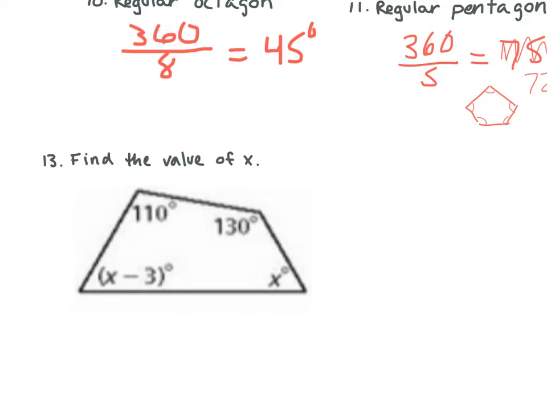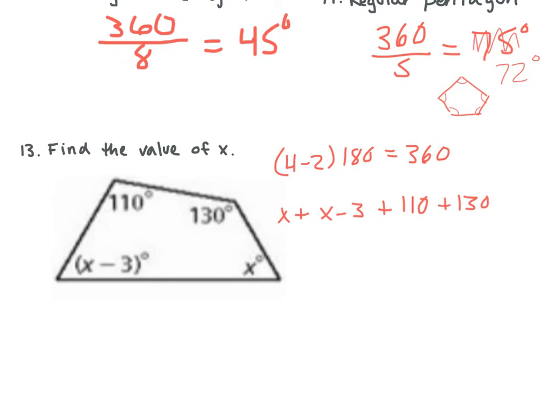How do we know that all the angles added together are 360? We do n minus 2, so our number of sides is 4, minus 2 times 180, which tells us that all the angles inside added together are going to be 360. So now we add all the angles inside together and set it equal to 360. So we do x plus x minus 3 plus 110 plus 130 is equal to 360.